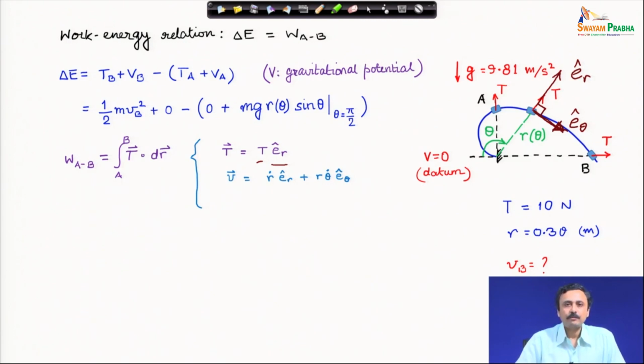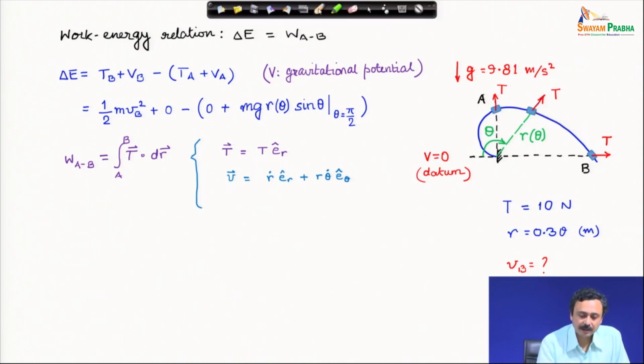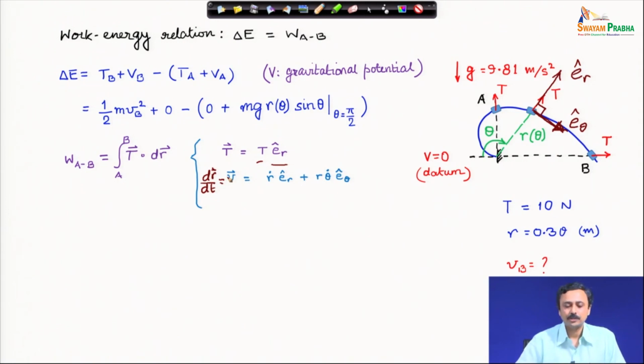How do you represent velocity in the coordinate system chosen? The velocity is represented as r dot ER cap plus r theta dot E theta cap. Now, what is velocity? Velocity is nothing but the vector dr dt. That is velocity.